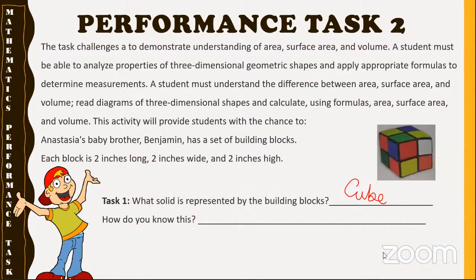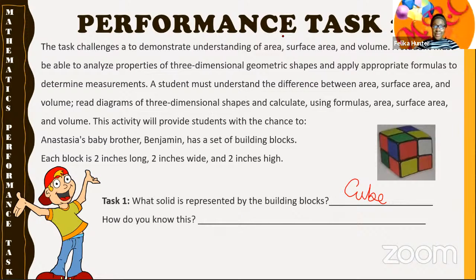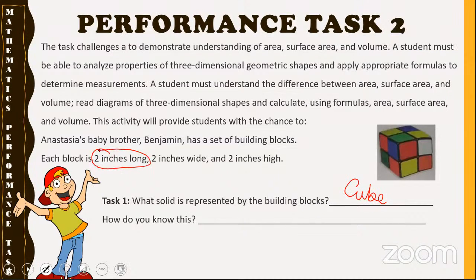All right, so I'm going to go ahead and give you the solution to how we know it's a cube. When we look at it, it's 2 inches long. Yes, Carissa, go ahead. These maps are older than me, Miss. They're older than you. All right.